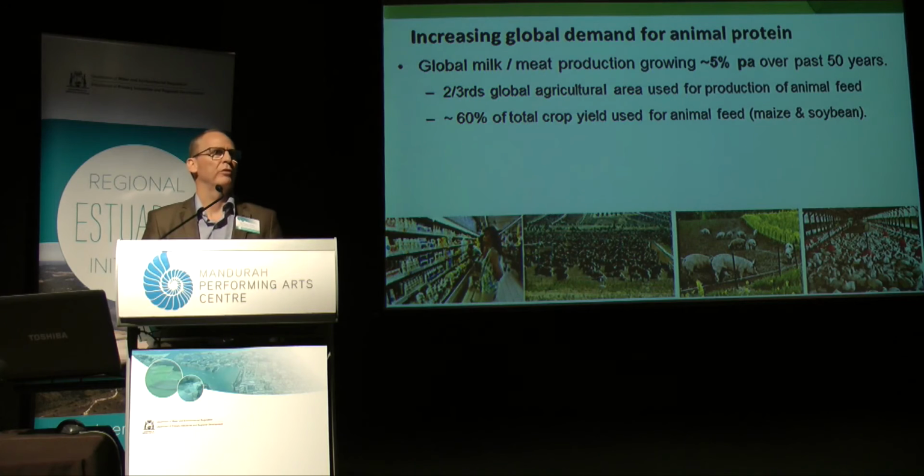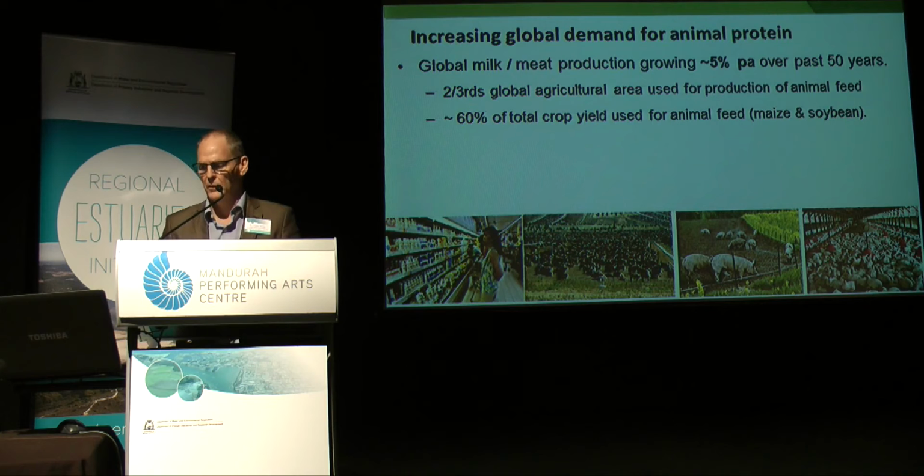Another really substantial shift has been the very dramatic increase in the amount of animal protein that we've been consuming. So the estimates there are an almost linear, well, it actually wouldn't be linear, would it? It would be an exponential increase in the growth of intake of animal protein compared to crop protein, with a 5% per annum growth pattern over the last 50 years.